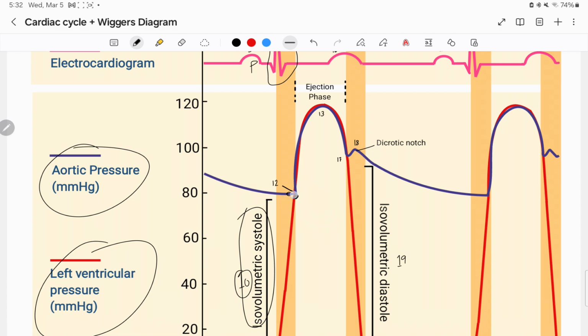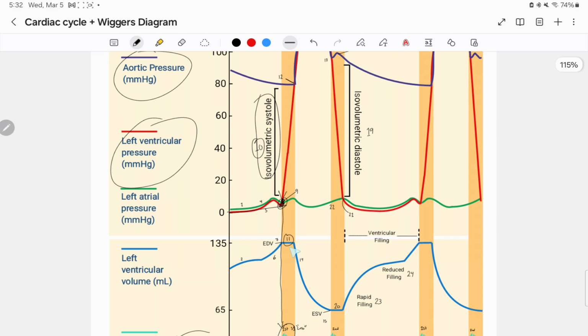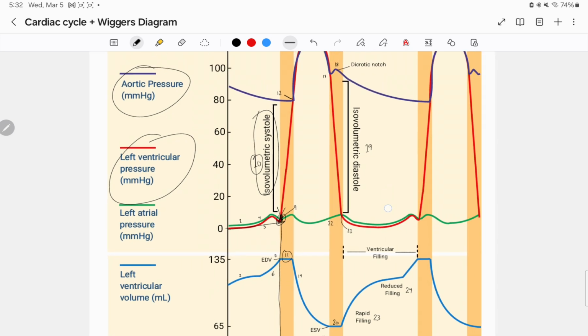But guess what? Not for long, because we're going to move from number 10 to number 11 very quickly, and we'll see that in the isovolumetric phase, the left ventricular volume doesn't change, and obviously, why would it? Because we're not bringing in blood from anywhere else. It's a sealed chamber at this point. So the blood stays the same at the end diastolic volume.